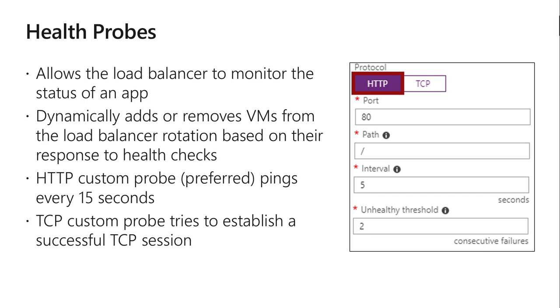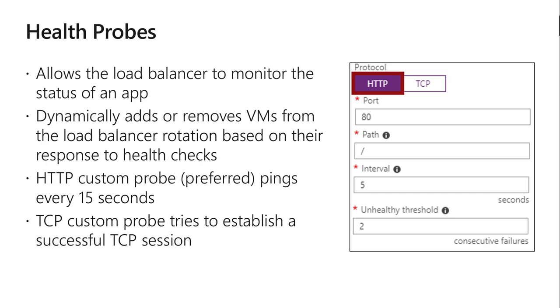With the HTTP custom probe, the load balancer regularly probes your endpoint, every 15 seconds by default. If the instance is healthy, it responds with HTTP 200 within the timeout period, which is 31 seconds by default.